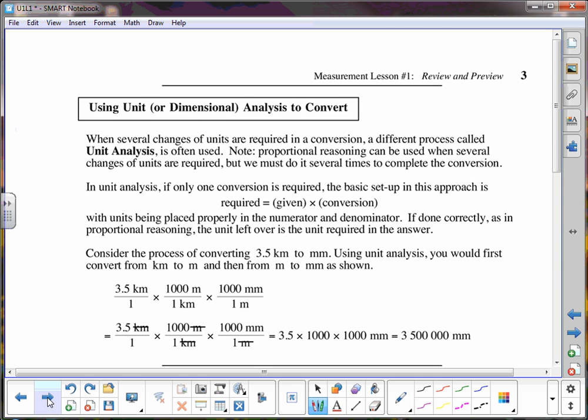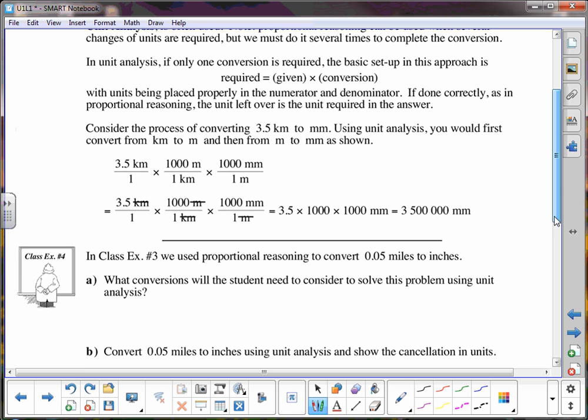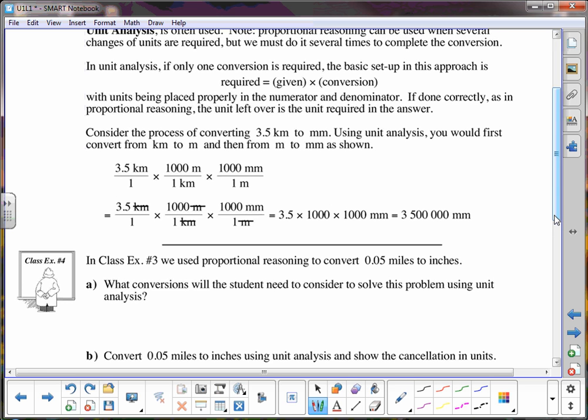Okay, so unit analysis is all about getting our units to cancel. So in this very basic example here, we're going to multiply by given ratios. Ratios that are on our formula sheet or that we figure out, right? 1,000 meters is equal to 1 kilometer. So essentially, it's like you're multiplying by 1, because those are the same thing, and anything divided by itself is 1. And what happens here is when you have a kilometer on the numerator and a kilometer on the bottom, the units reduce out.